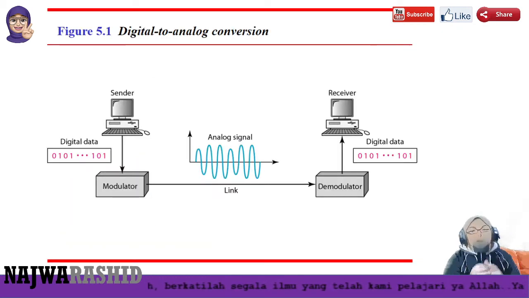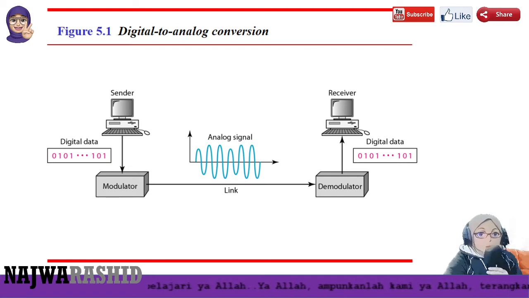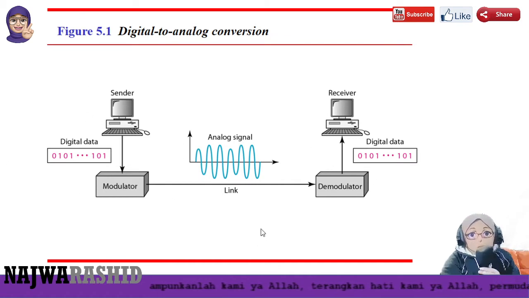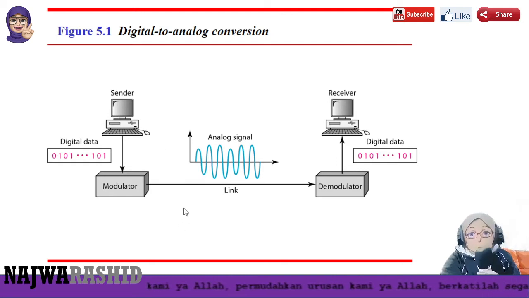Okay, look at this figure. We have digital to analog, meaning we have digital data here. We want to change it into the analog signal, so we need a device that we call a modulator. The digital data will go through this modulator.